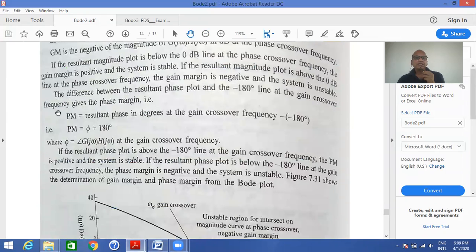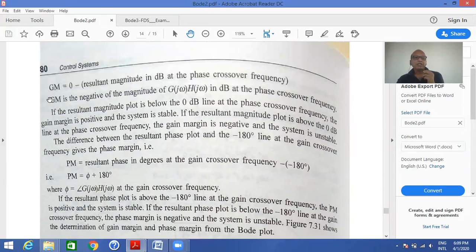The GM and the PM are very important in the frequency response analysis to check whether the given system is stable or unstable. GM equals 0 minus the resultant magnitude in dB at the phase crossover frequency.